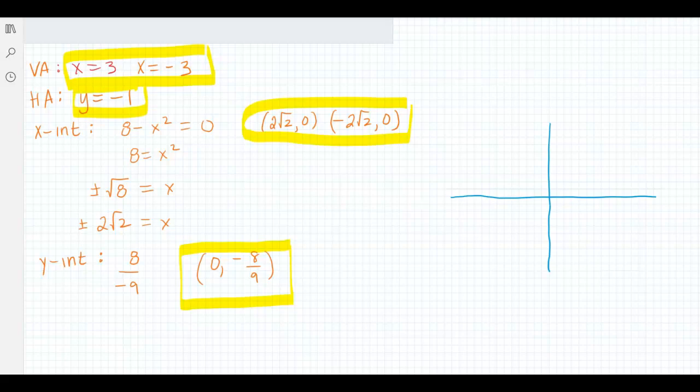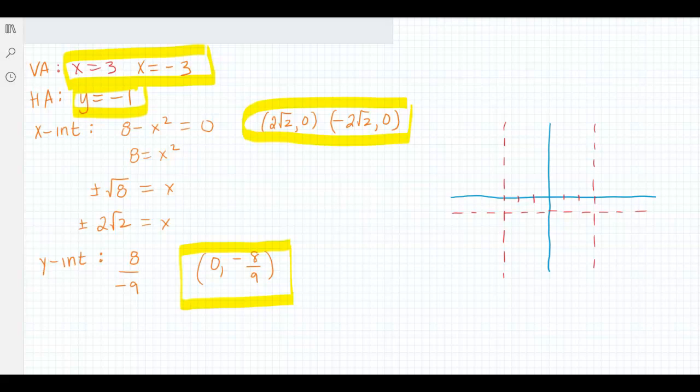So first I'll do my asymptotes, one at negative 3, and then one at positive 3. And then we said the horizontal asymptote was at y equals negative 1, so like this. Okay. We have intercepts.